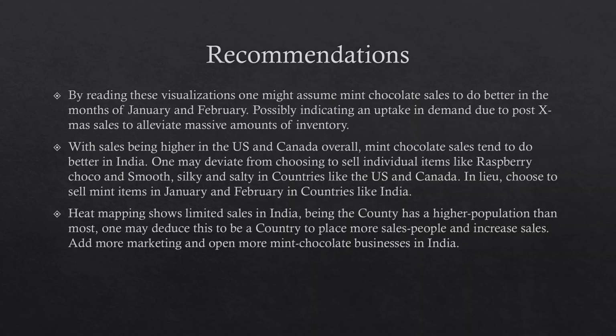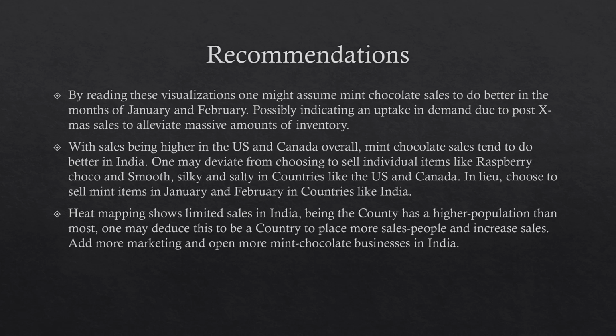So here are our final recommendations. By reading these visualizations, one might assume Mint chocolate sales to do better in the months of January and February, possibly indicating an uptake in demand due to post-Christmas sales to alleviate massive amounts of inventory. With sales being higher in the US and Canada overall, Mint chocolate sales tend to do better in India.